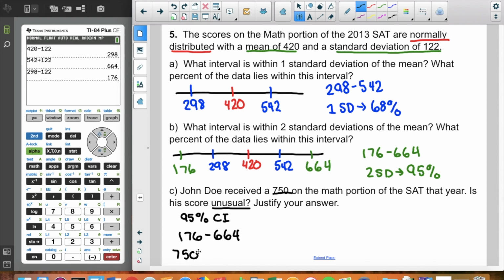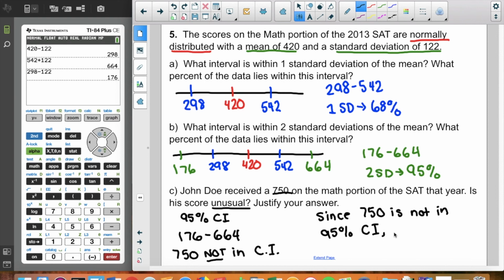So 750 is not in confidence interval. Since it is not in the confidence interval, it is unusual. So since 750 is not in 95% confidence interval, it is unusual. Doesn't mean it's bad, just unusual.